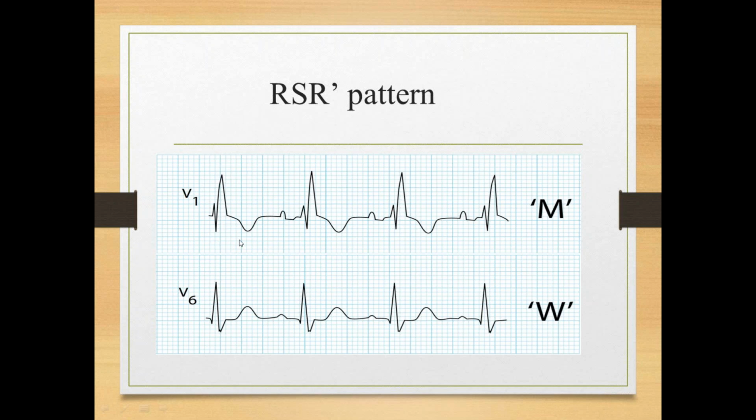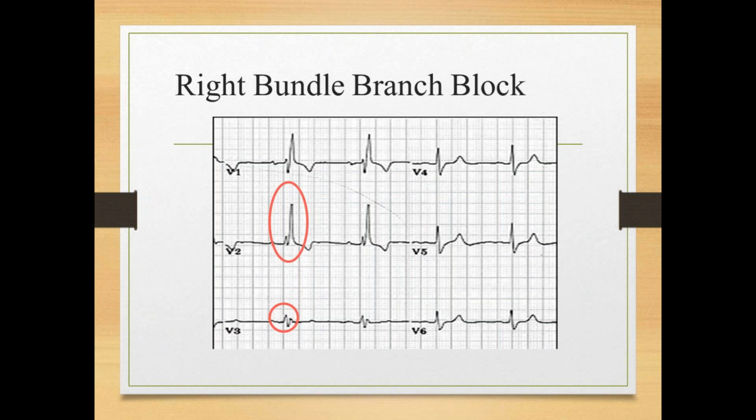M pattern you get in right bundle branch block in V1, and you get a W pattern, that is a deep S wave and a broad wave, in the left ventricular leads, that is V5, V6. So this is a right bundle branch block ECG. You can see in V2 and V3 the M pattern, RSR dash pattern.